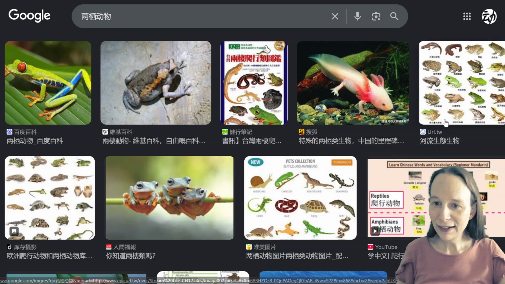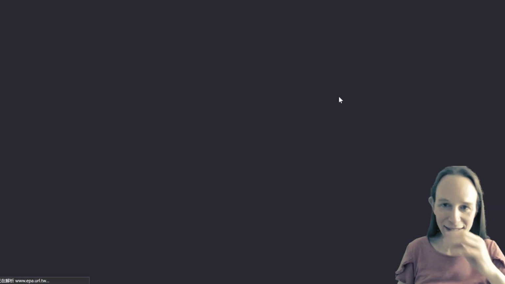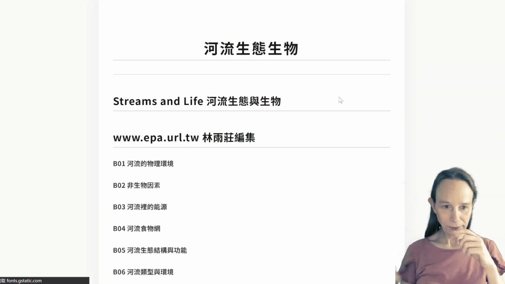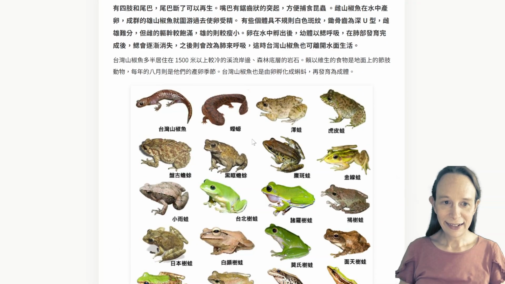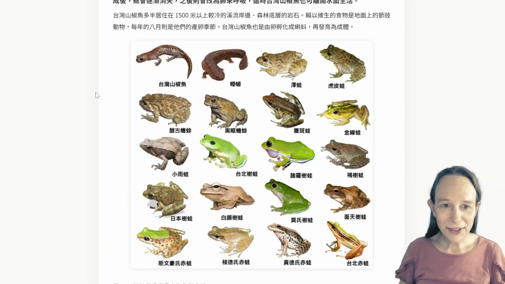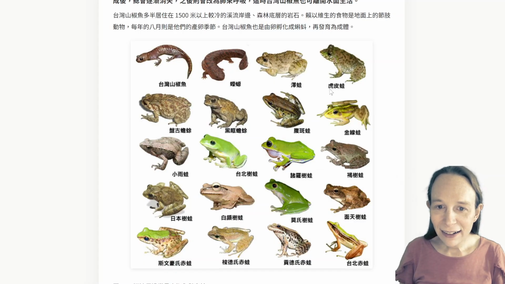Oh, we've got it. All this. Oh, these are just frogs though. Frogs and toads. All right. And newts. Okay, 台湾山椒鱼. I don't know. 青蛙. Is it 青蛙? Maybe it's not 青蛙. 虎皮蛙. 盘古 hama.